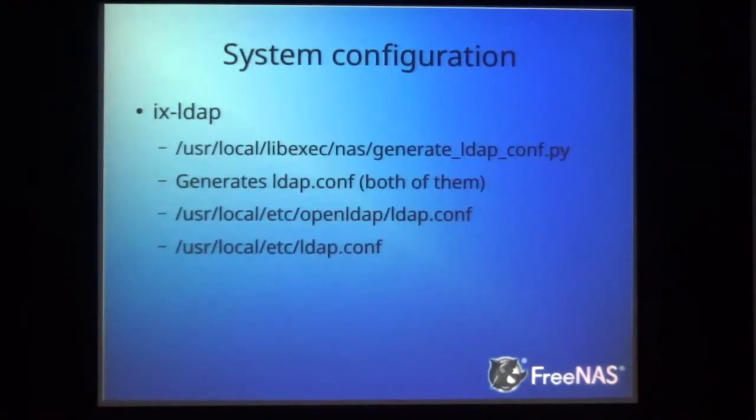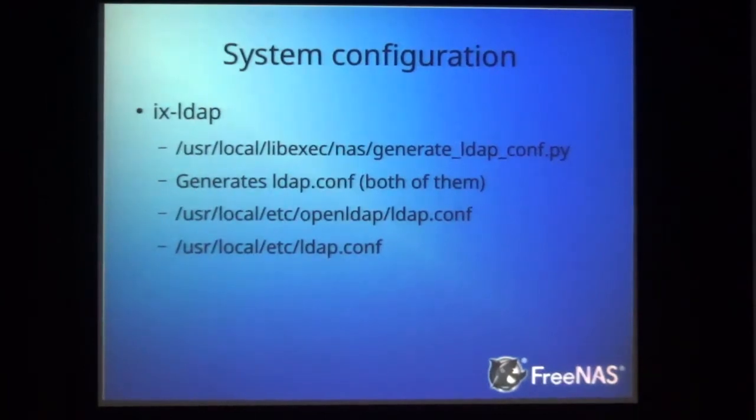ix ldap, keeping with the theme here, is a wrapper around a Python script. We like Python, that's what we use. It generates both of the LDAP confs. One of them, /usr/local/etc/openldap/ldap.conf, is the LDAP config file used for OpenLDAP when you do an ldapsearch, ldapwhoami, all of that.